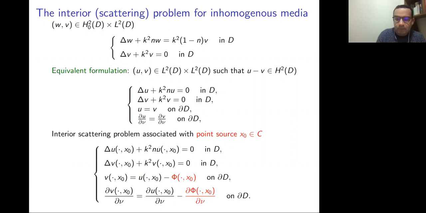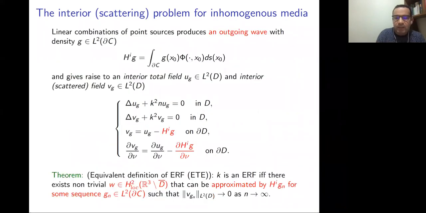And what we can prove is that if you do the same thing as before, and consider this combination of incident waves, you can build the interior solution to the interior transmission problem. To do that, of course, you need to avoid k-squared being an interior transmission eigenvalue.